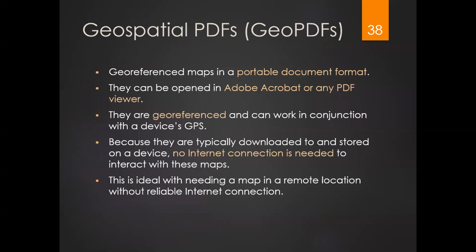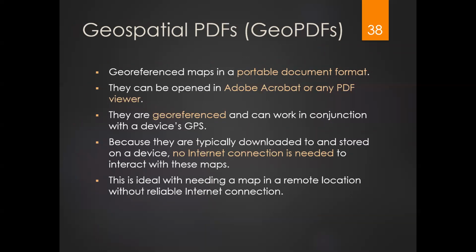The next one is called geospatial PDFs. So PDFs, we are very familiar with that. It's an Adobe text format for documents, right? So geospatial PDFs are georeferenced maps in a portable document format.